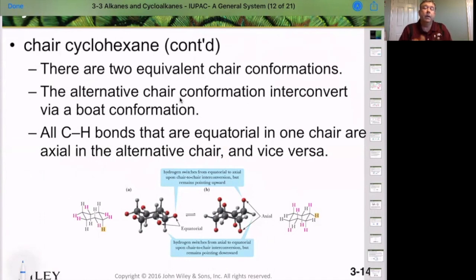For example, if we have one chair configuration, we have 6 axial and 6 equatorial hydrogens. We go through the boat conformation, which has those 2 flagpole hydrogens, back to having 6 axial and 6 equatorial. We only favor one versus the other when we have something larger than hydrogen as one of the substituents.